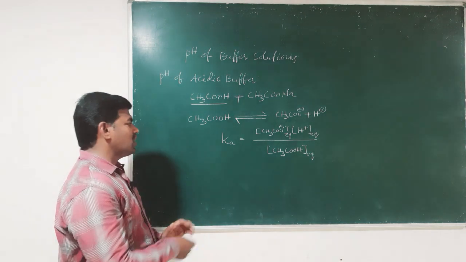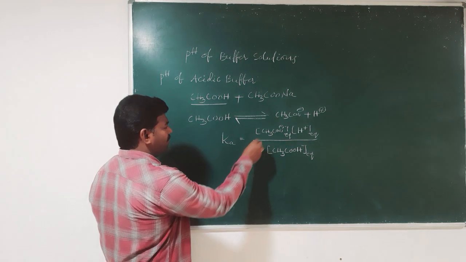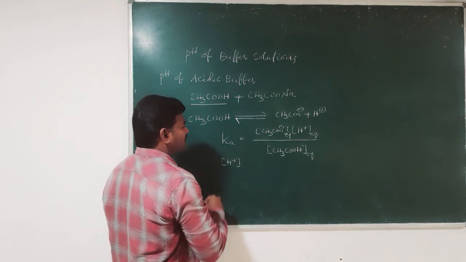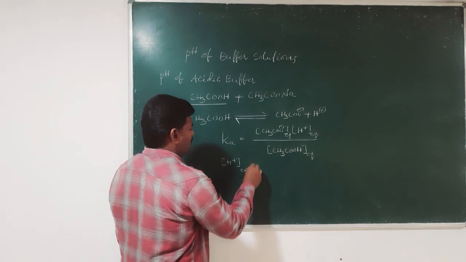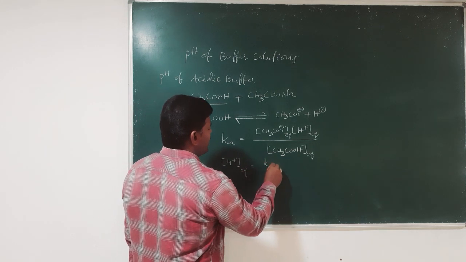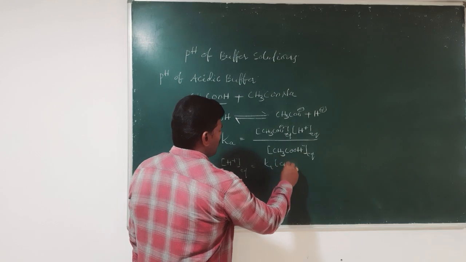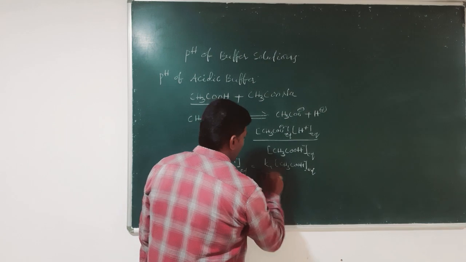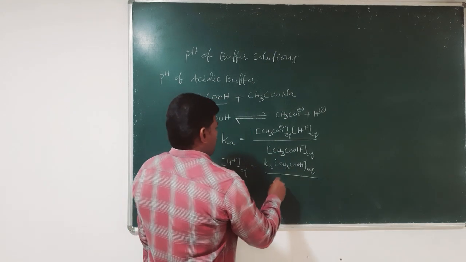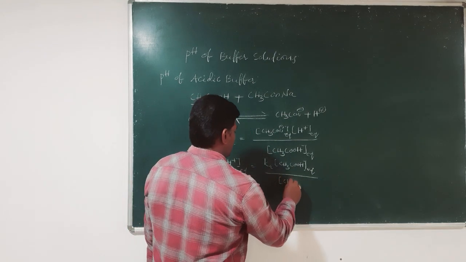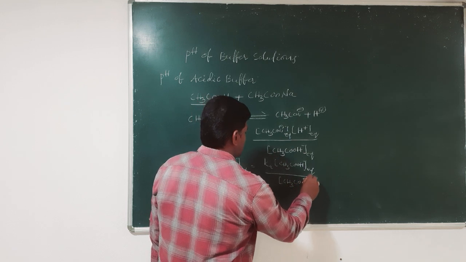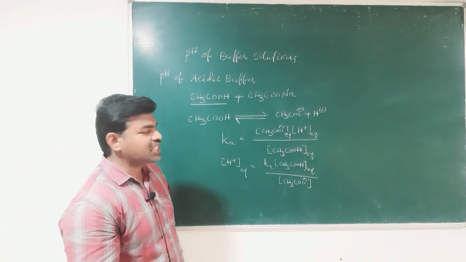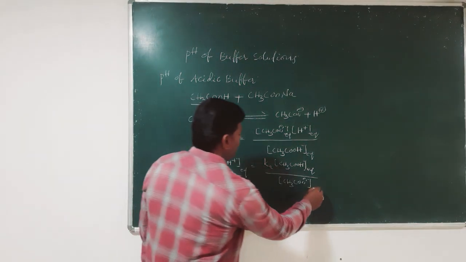From this equation, the concentration of H plus ions is equal to Ka into concentration of acetic acid at equilibrium by concentration of acetate ions CH3COO minus, and this is an equilibrium concentration.